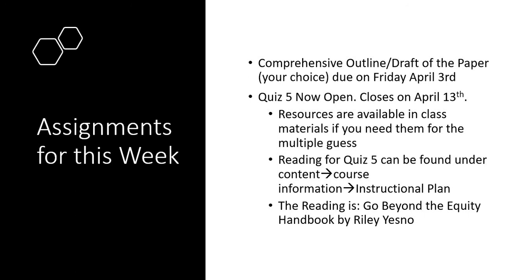The more that you can get done at this stage, the easier it is on you going forward. Because once we finish all of this, there's not going to be that much left. Okay, so focus on this, get that outline into me, do quiz 5, and you're pretty well home free other than touching up your final paper or putting it into formal paper structure after I give you the feedback.